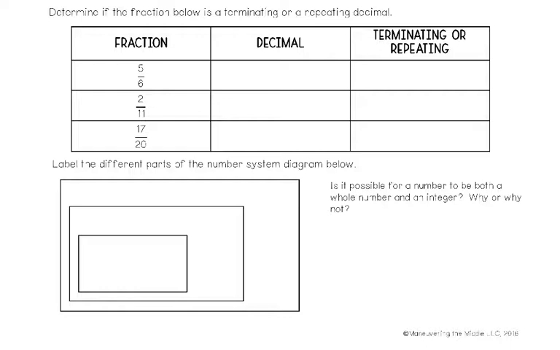So the way to figure this out is to pick up your calculator. You can use your phone or that Desmos website, and you just want to recognize that this line means divide. So 5 divided by 6, you would type in your calculator. 5 divided by 6 gives me 0.833333. It keeps repeating.